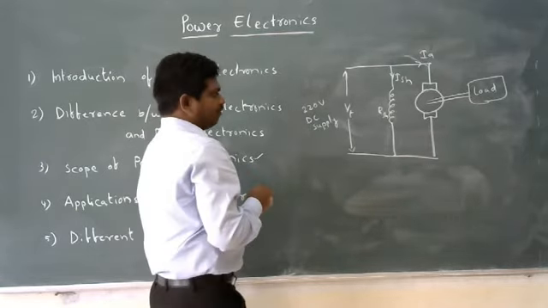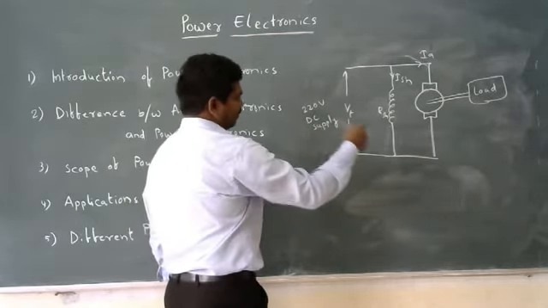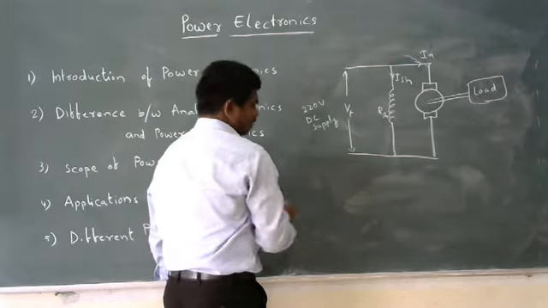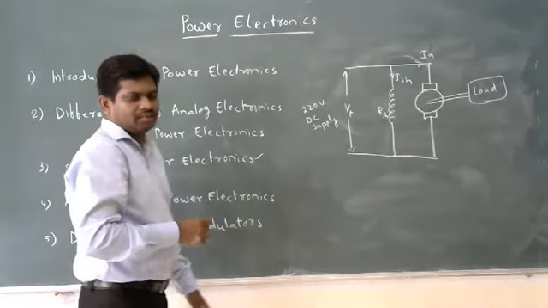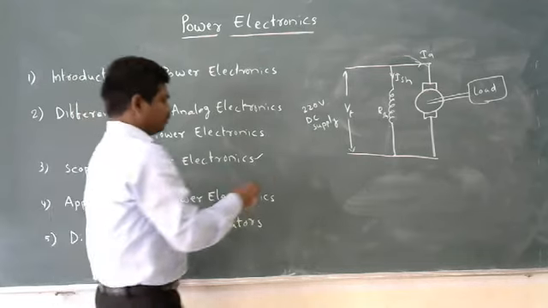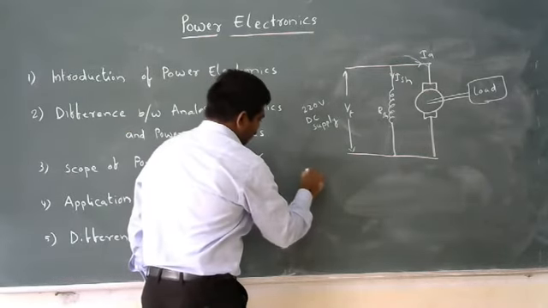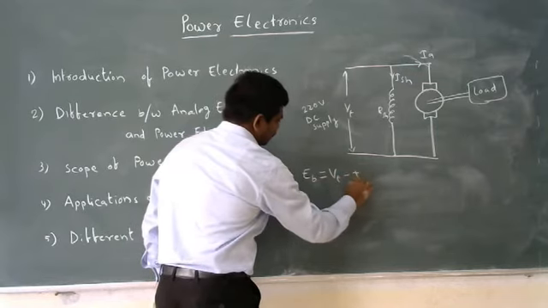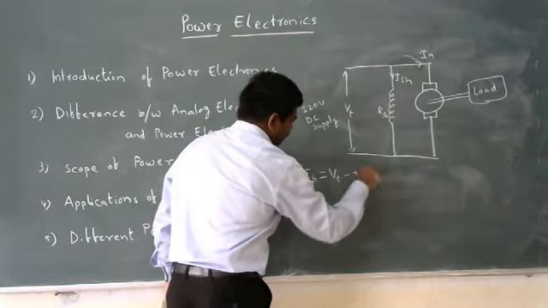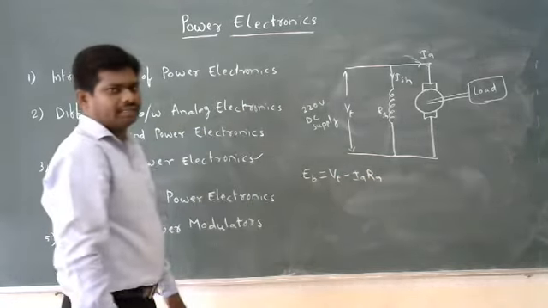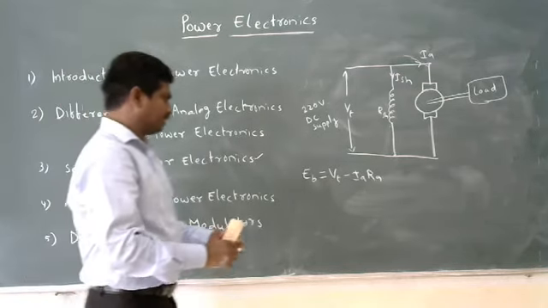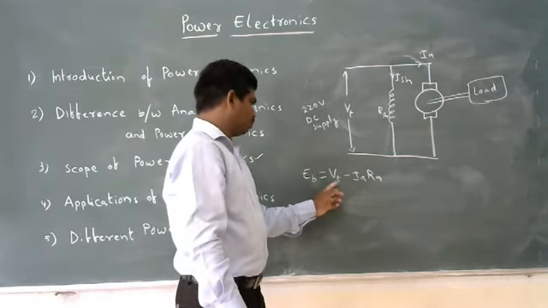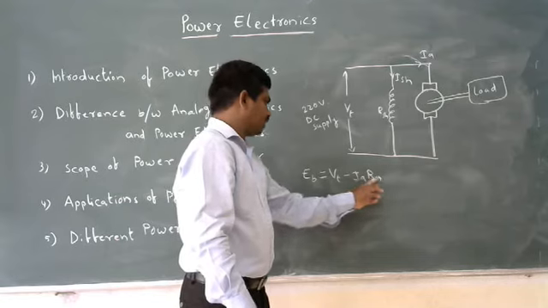Suppose we look at the speed of the motor. As we know some equations of the DC motor, EB equal to VT minus IR.